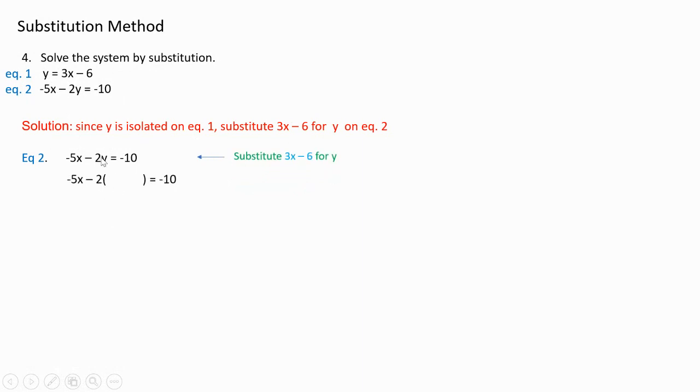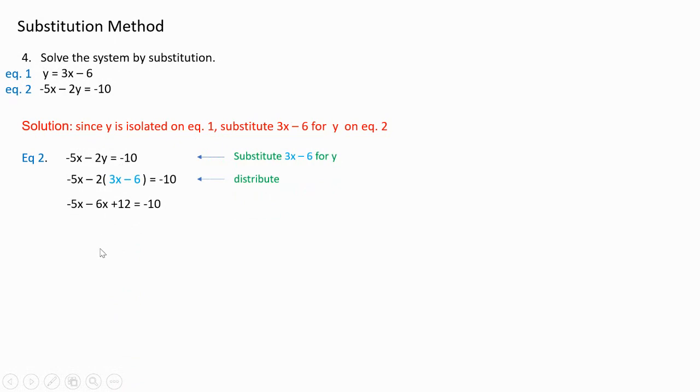You see, guys, there is some space because y is equal to 3x minus 6. So I'm going to plug it in there for the y. And then I'm going to distribute the -2 times 3x and the -2 times -6. And this is my result. Now I get to combine like terms. So -5x and -6x are like terms.